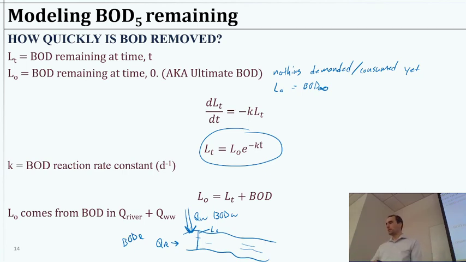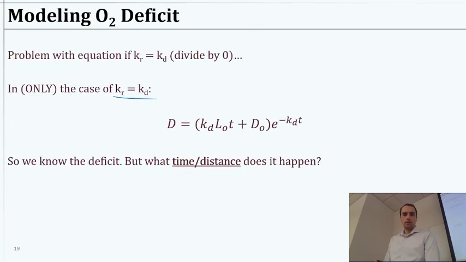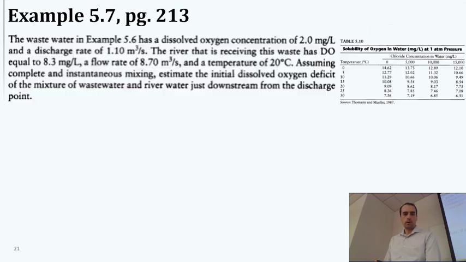You could just be dealing with a system of wastewater in a bottle. How much is remaining? How do you track that? This part of it leads to that remaining BOD analysis and deficit analysis, but this is also something we can deal with just as a simple experiment in a bottle case. Okay, I think that's it. That's all that I had for you.